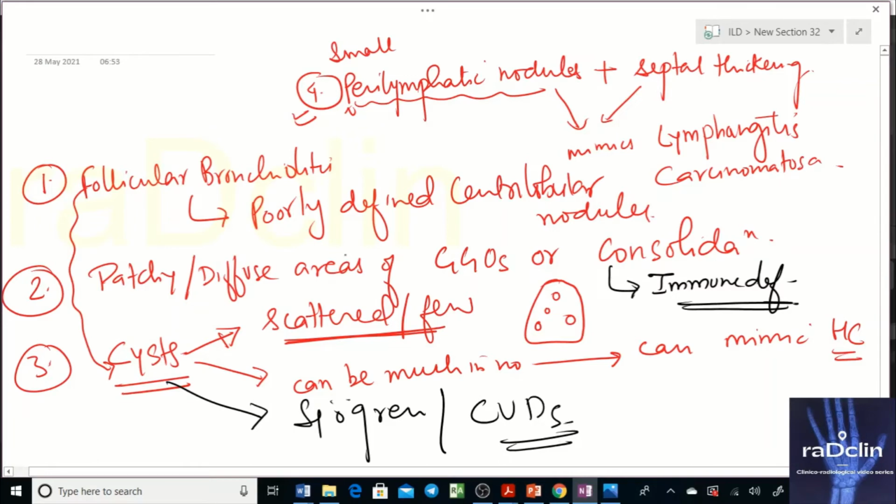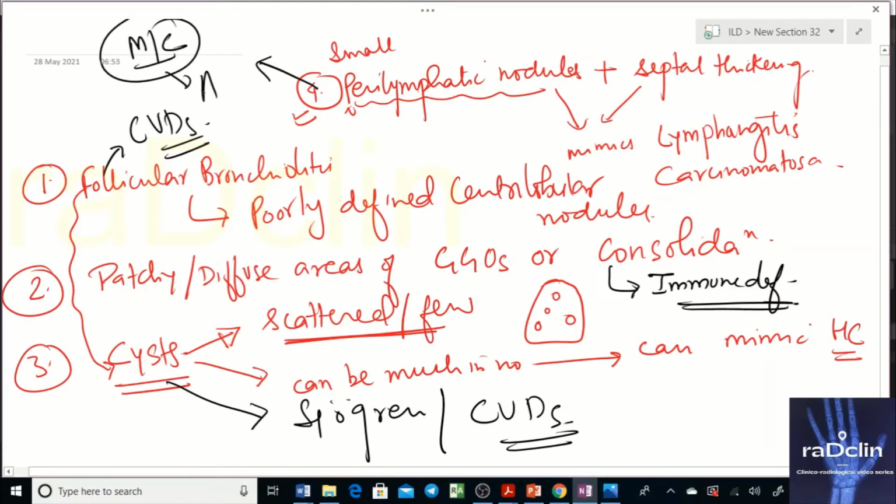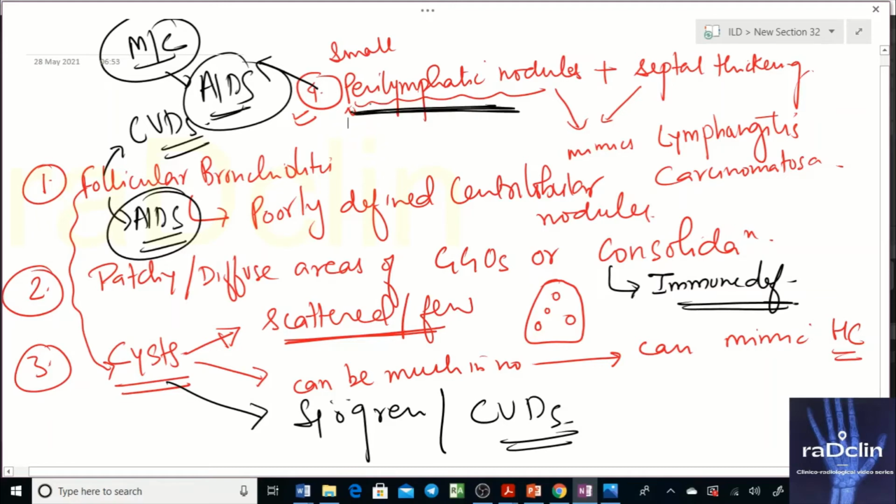Now the poorly defined centrilobular pattern is also seen in collagen vascular diseases. But the perilymphatic nodules pattern is the most common LIP pattern associated with AIDS. Now, AIDS patients can also have the poorly defined centrilobular nodules. AIDS can also be seen here. But if you ask me, the most common pattern of AIDS is this part of LIP. Okay, that is the fourth.